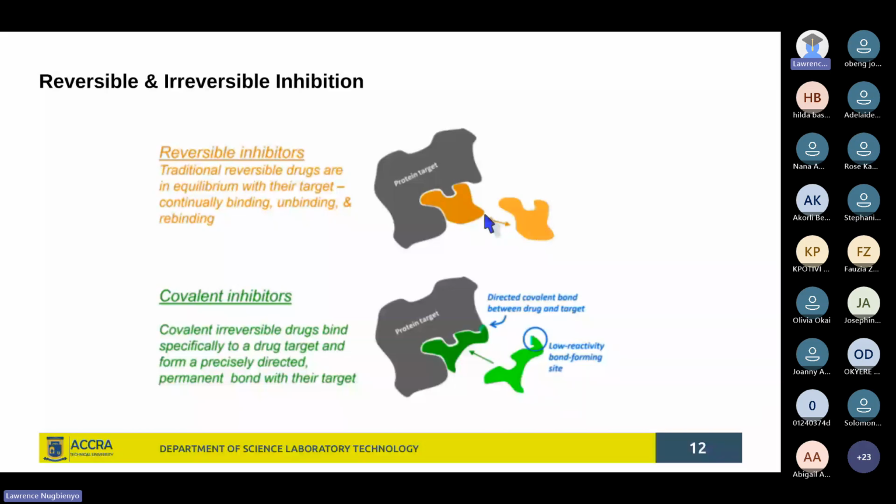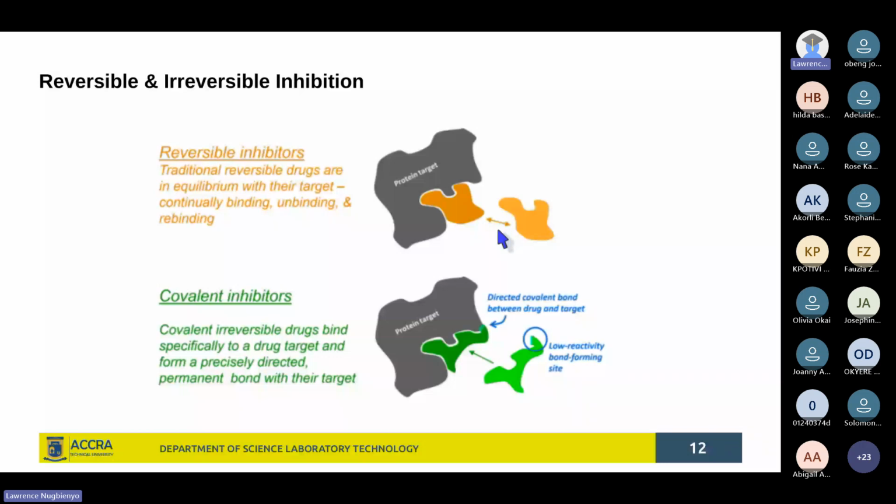I think there are many medications that function as reversible inhibitors. They do not bind to a substrate permanently, and that's it. They bind, they carry out their function, and then they can unbind. So you have that as reversible inhibition.